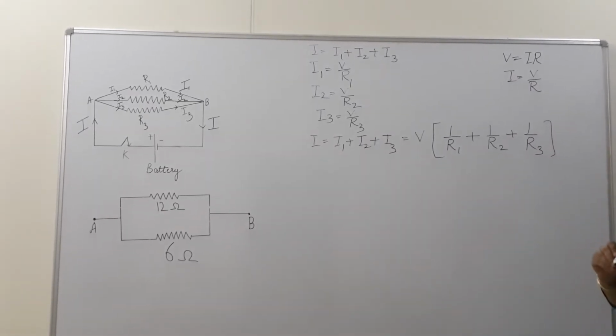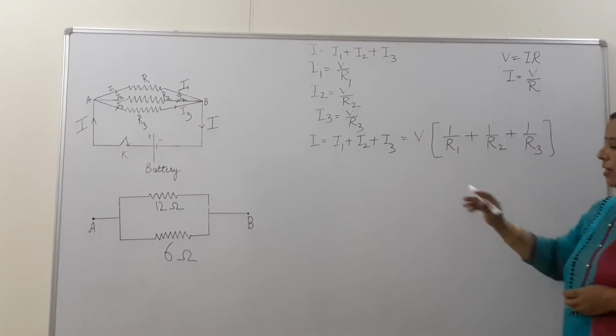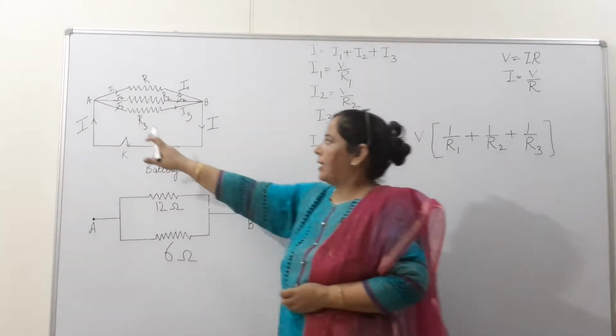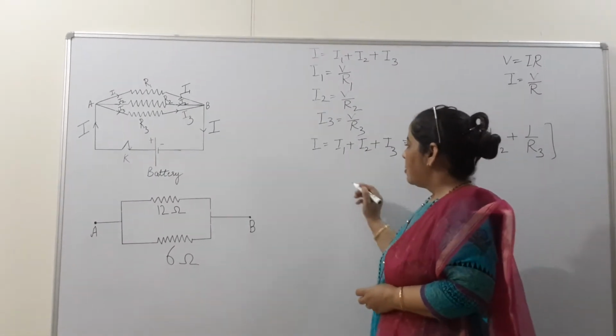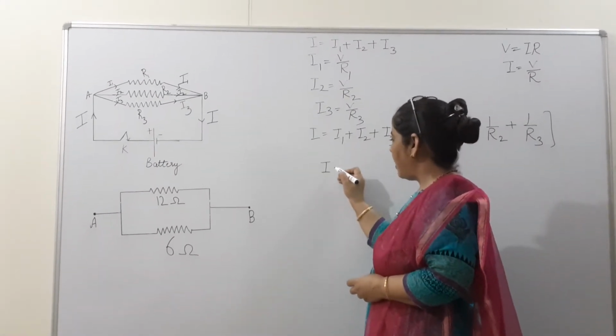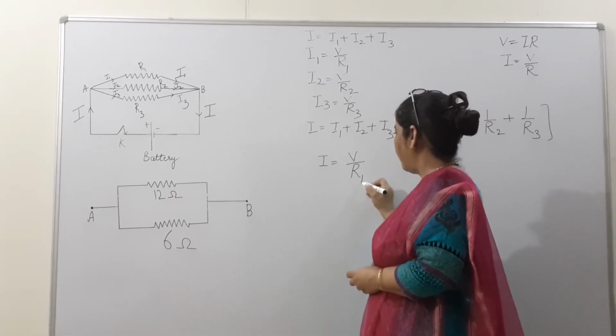Again, we have to suppose a resistance across the circuit, because the resistors are arranged in parallel. So I will be equal to V divided by Rp.